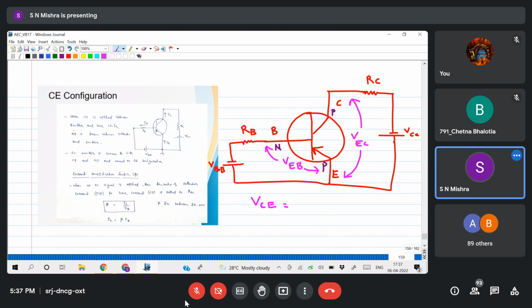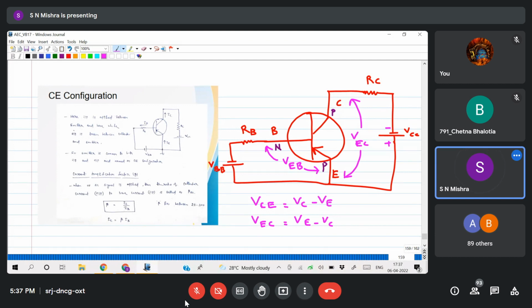VC minus VE, potential at collector minus potential at emitter, and VEC means potential at emitter minus potential at collector. So here you can see emitter is positive, collector is negative. That's why emitter is at higher potential, collector at lower potential. So it should be VEC. Okay.